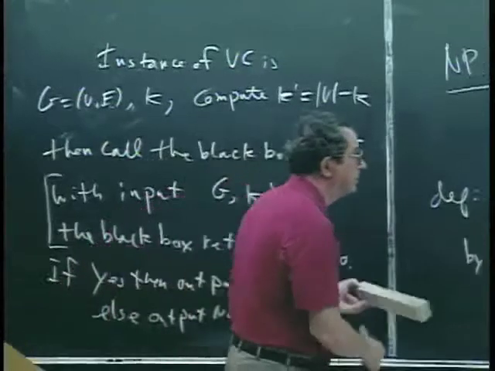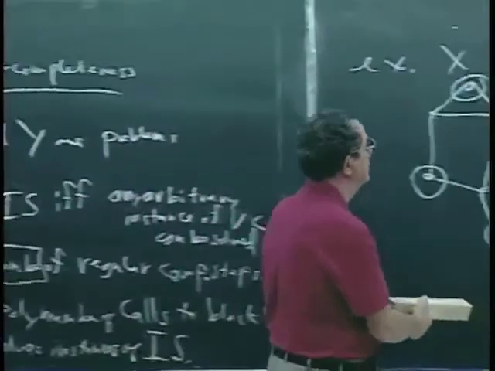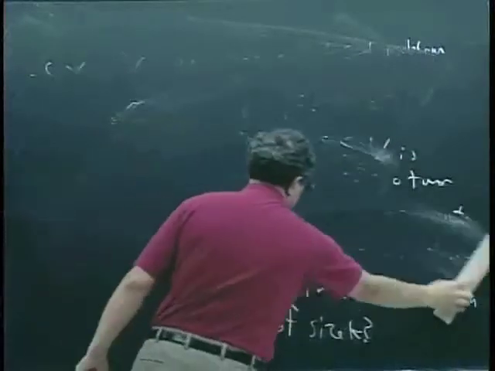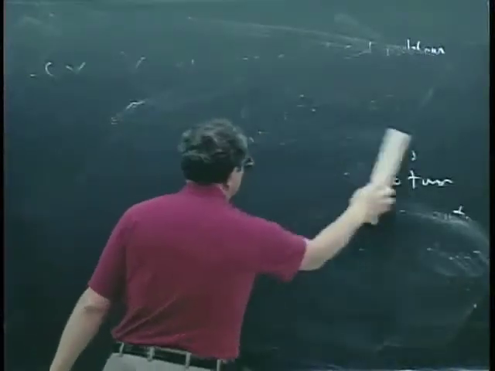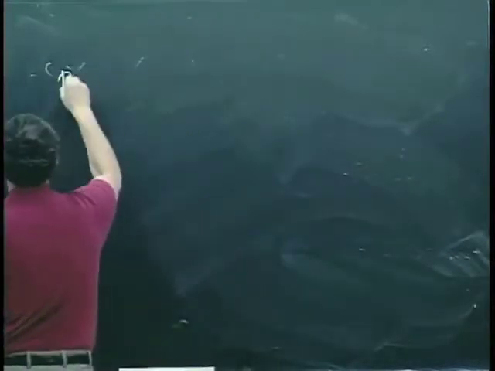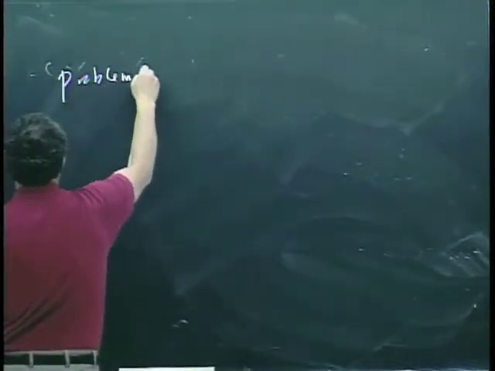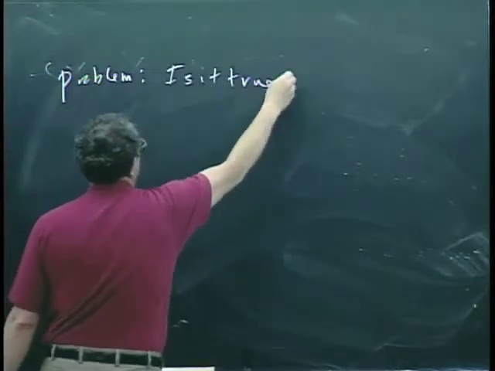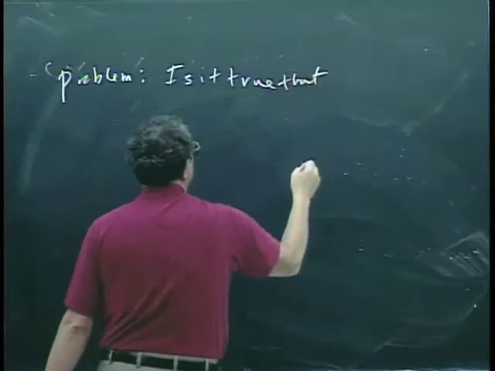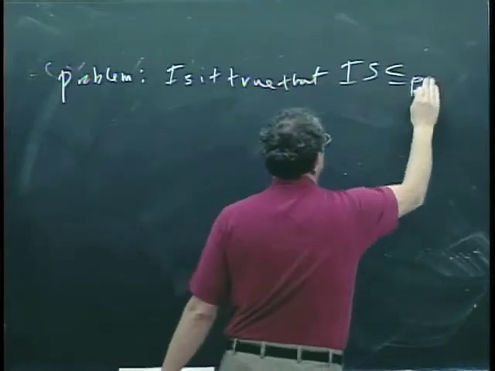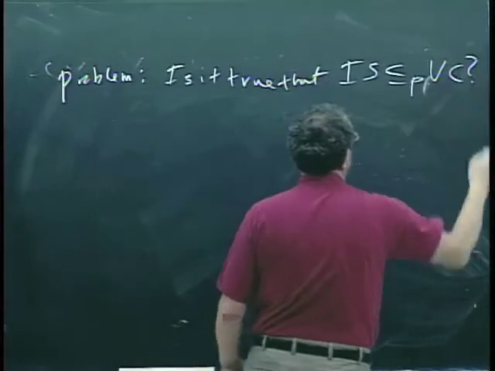Now let me ask the following problem: is it true that independent set reduces in polynomial time to vertex cover?